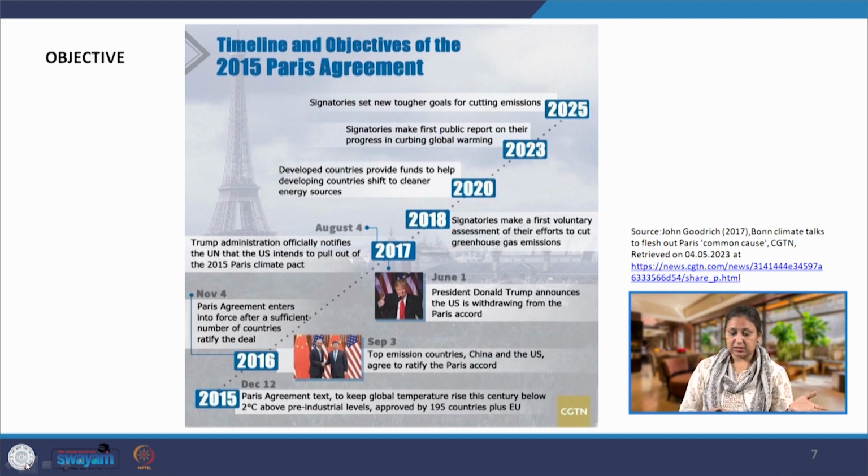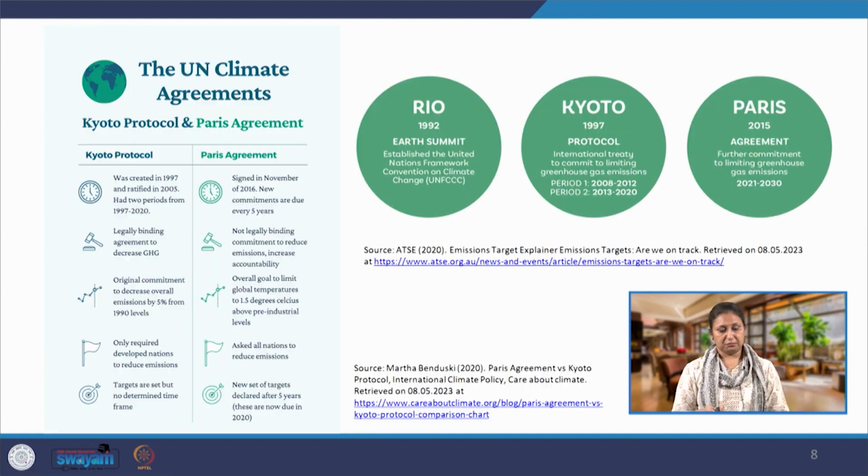And in 2025, all the signatories are supposed to make the first assessment on how they have actually performed. So, this will be happening in 2025.